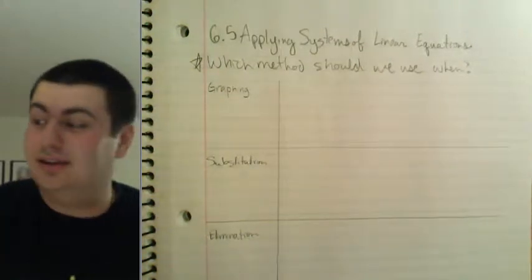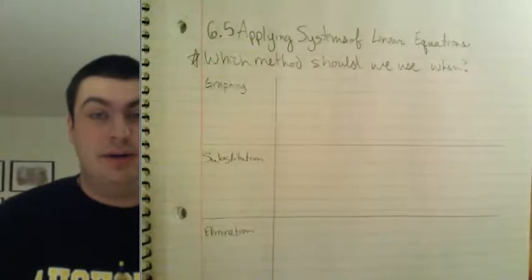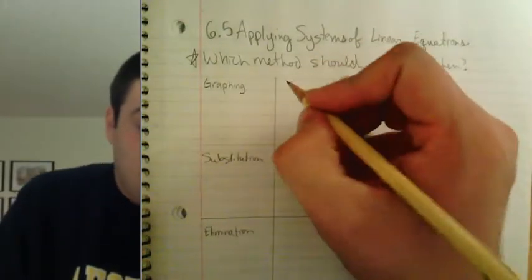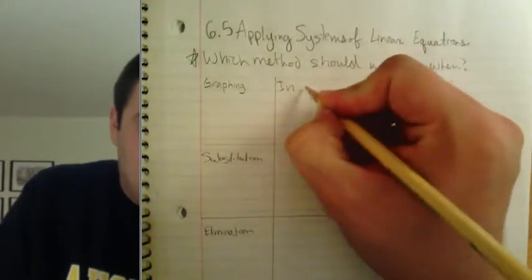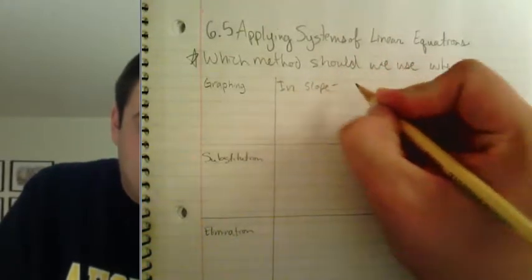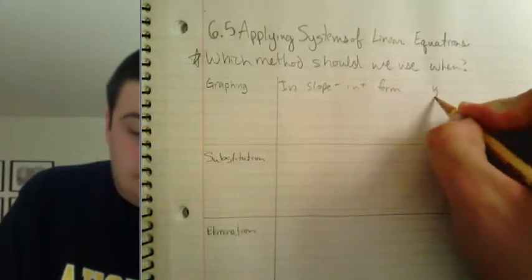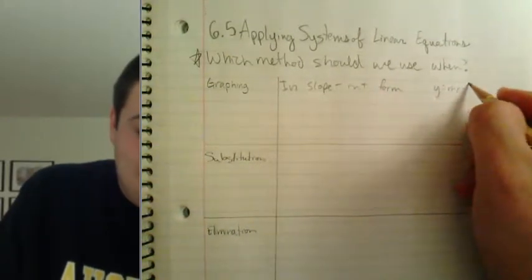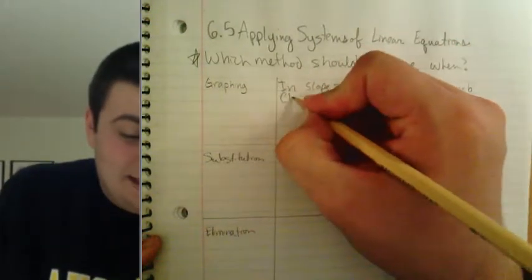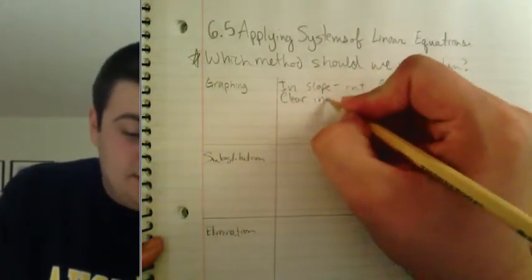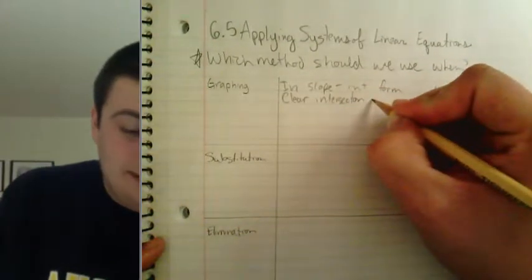Graphing. When we talk about graphing, we are really only going to use this if both equations are in slope-intercept form, or y equals mx plus b, but not even just then, but also if it'll make a clear intersection on a point on the graph.